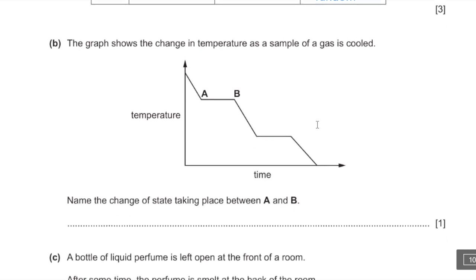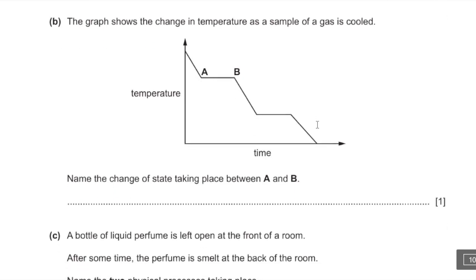B. The graph shows the change in temperature as a sample of a gas is cooled. As you can see over here, the temperature is decreasing, and that means energy is being removed from the gas, and that means molecules of gas are being brought closer together, and that is the reason this results in a change of state.